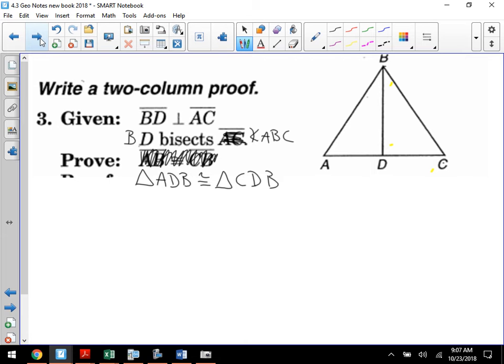And then from there, we're going to prove that we have triangles ADB and triangle CDB. So we have perpendicular, which we have progression for. Angle bisector, which again we have progression for. A lot of stuff. We just got to find it on our sheets.